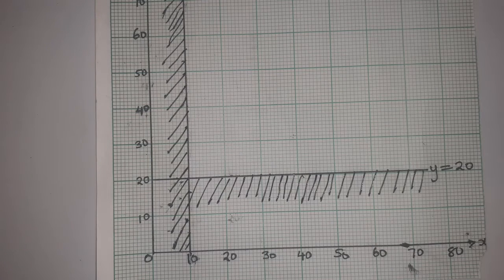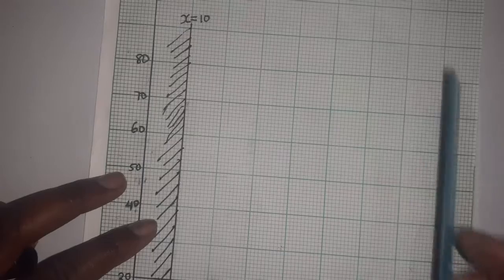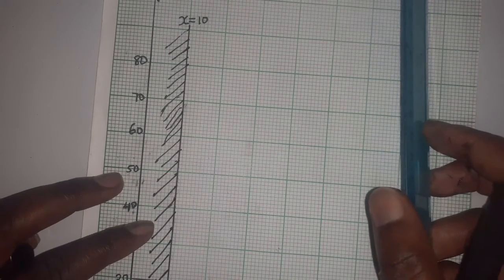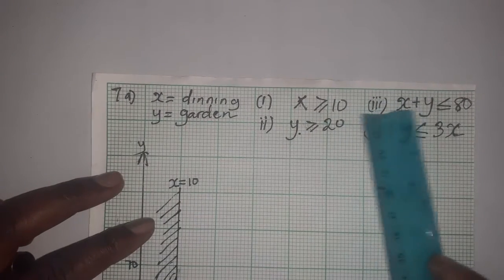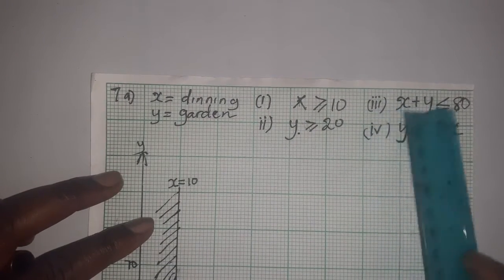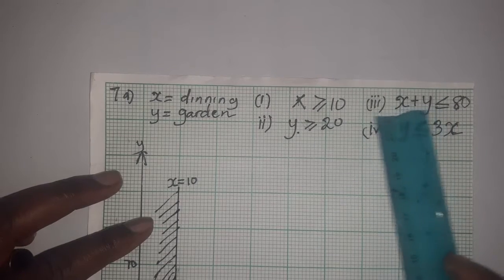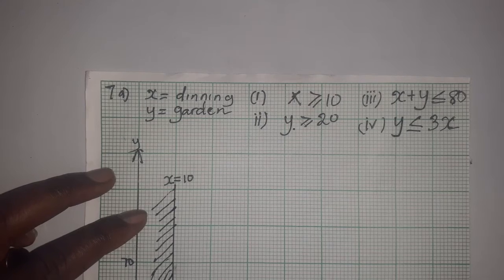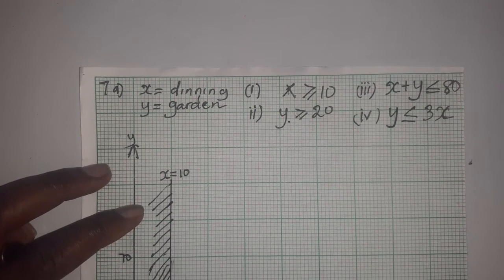Okay? Then we go to this one. We go to this part. Now, if you remember, this one, it's an equation where we have two variables here.